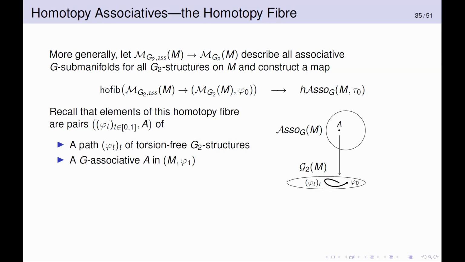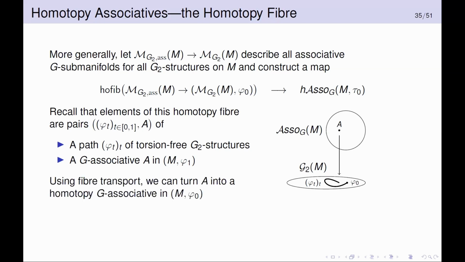Then we can do the construction over φ_1 and use fiber transport to put it back to φ_0. So we see that we get the whole homotopy fiber of this combined moduli space inside our homotopy G associative space. And this means we can do all these constructions, like this bifurcation construction that I showed before, in one single space. So that's maybe one reason to set all this up.